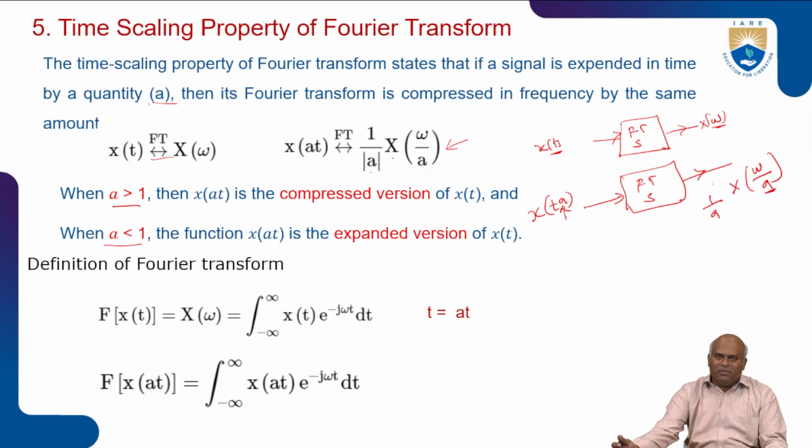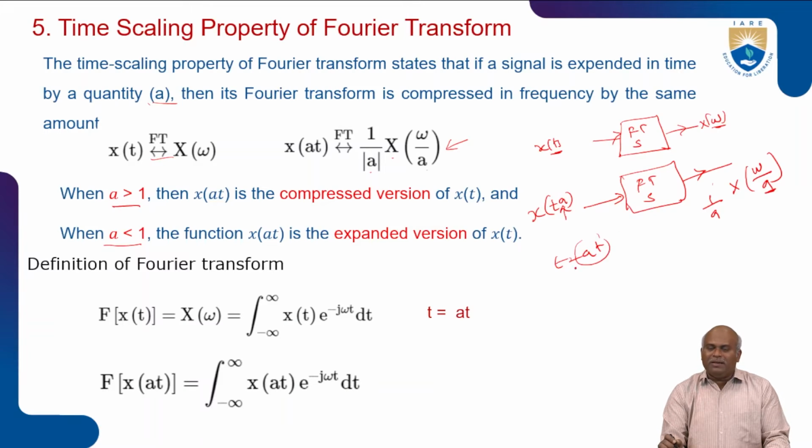Okay. So now we need to prove the time scaling property of the Fourier transform. We take the definition of the Fourier transform: the Fourier transform of x of t is equal to X of omega. We write it mathematically as the integration from minus infinity to plus infinity, where the input is x of t e power minus j omega t dt. Next, we should apply t equal to a t, because we need to multiply with some constant.